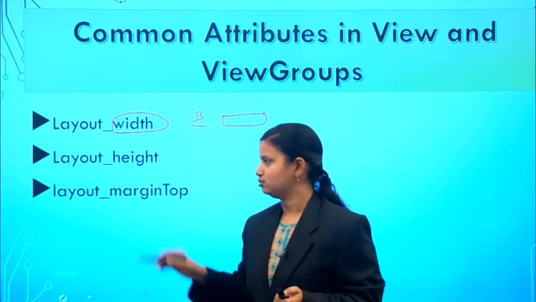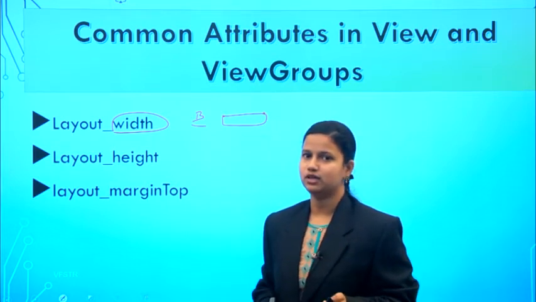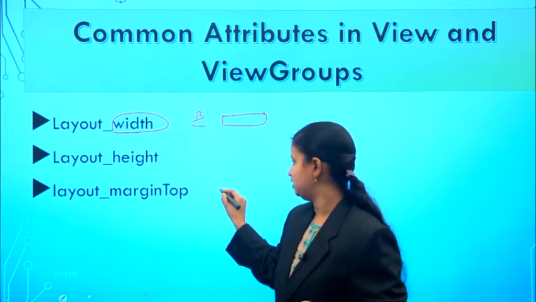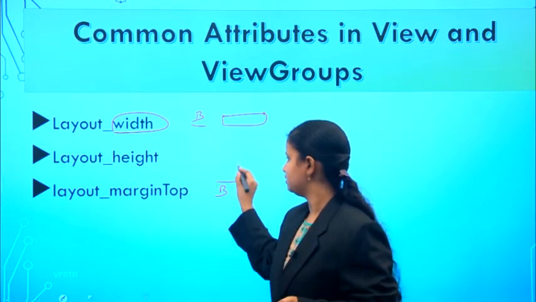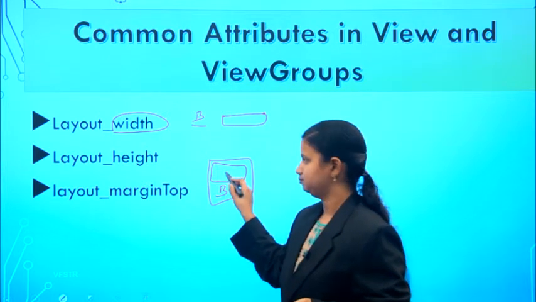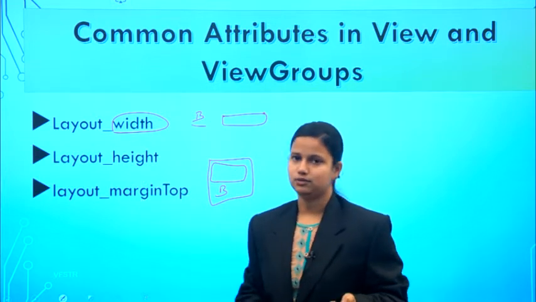Layout_marginTop specifies the extra space needed on the top of the view or view group element. Within the button, what is the extra space needed on top of the button? That extra space is specified by using layout_marginTop.